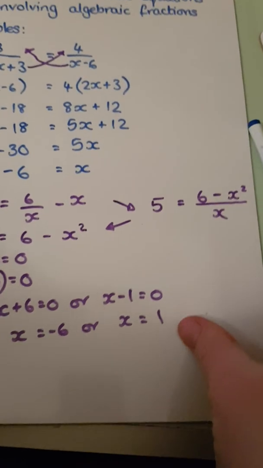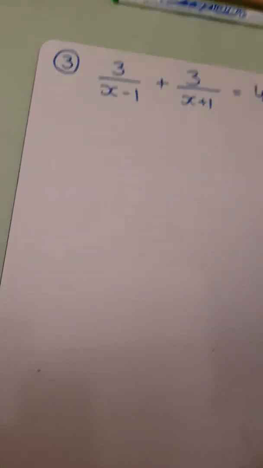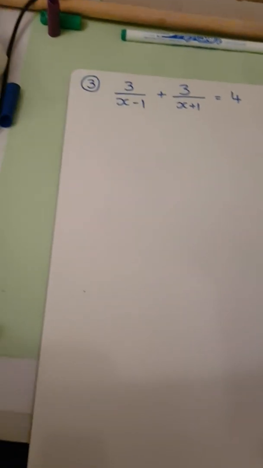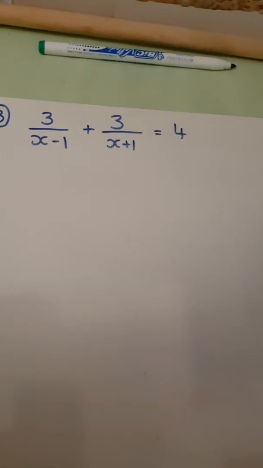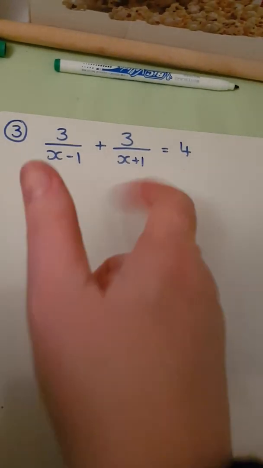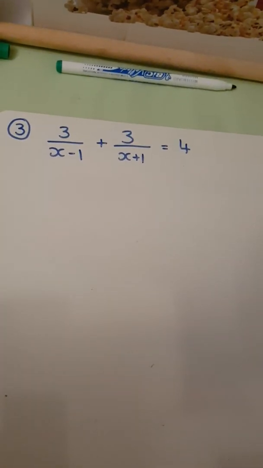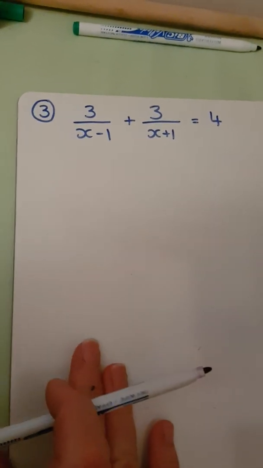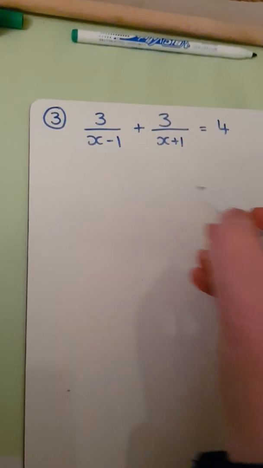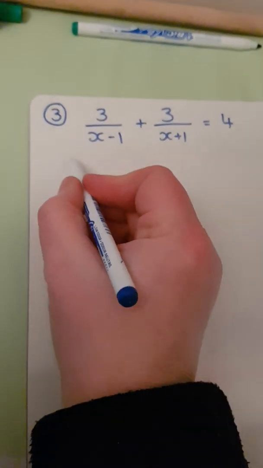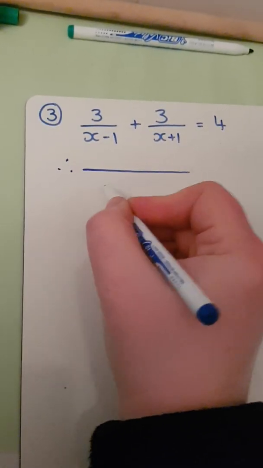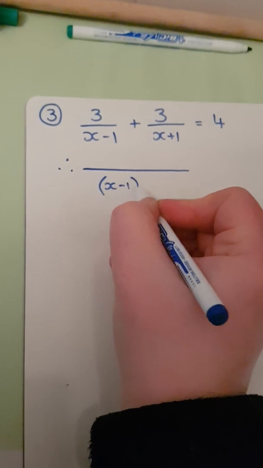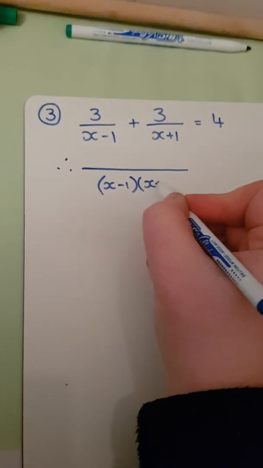Looking at the next example, it is actually far easier really to write it as a single algebraic fraction. You could say I'm going to multiply everything by x minus 1 and then I'm going to multiply everything by x plus 1. However, I personally wouldn't. I would say that what I want is a denominator of x minus 1, x plus 1.